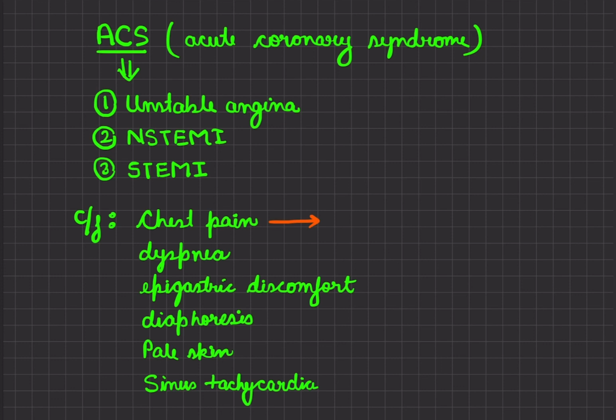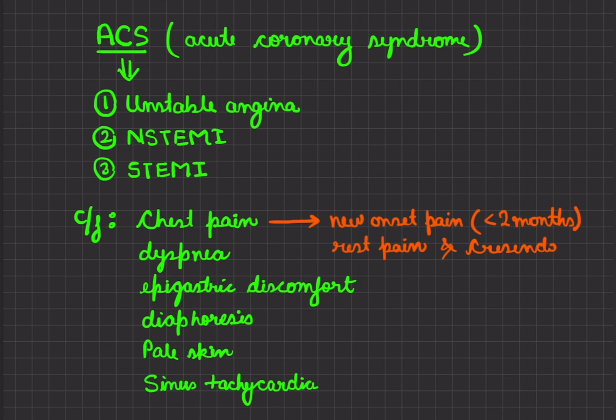In chest pain, it is usually a new onset pain that happened within less than 2 months, that may be a rest pain and crescendo pain.